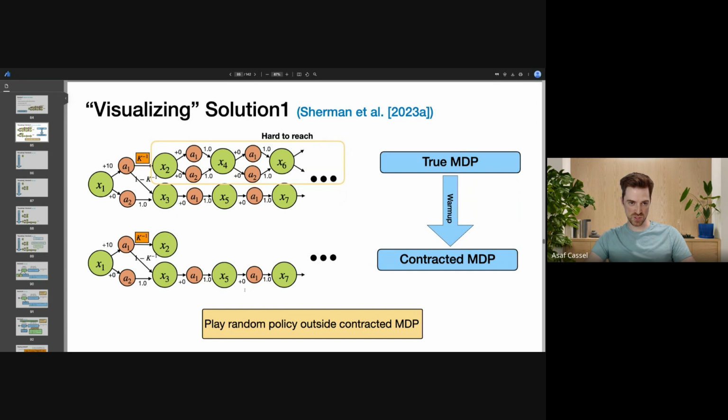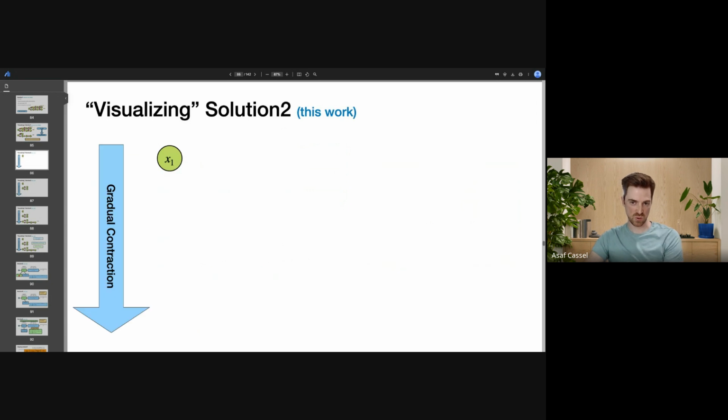What we suggest in our work here is to do this in a more gradual way and in a reward or loss aware way. So initially, when you have no data, you would have to contract the MDP to a singleton. The only way you can guarantee anything is if you shrink the MDP to nothing.